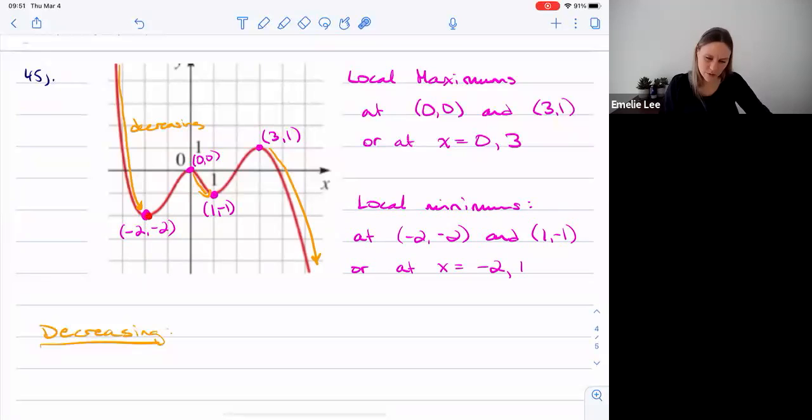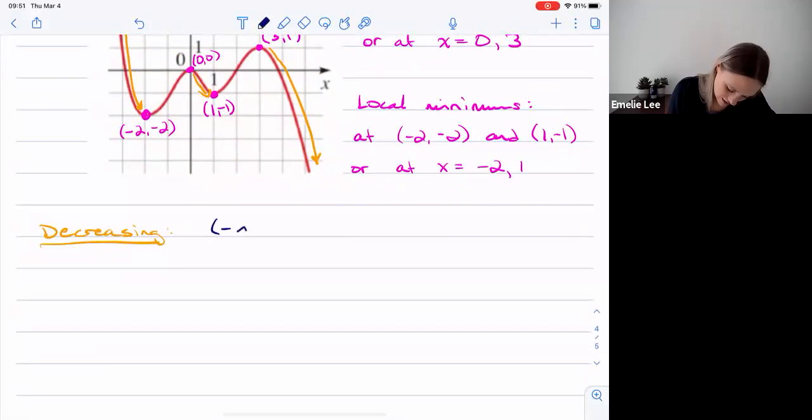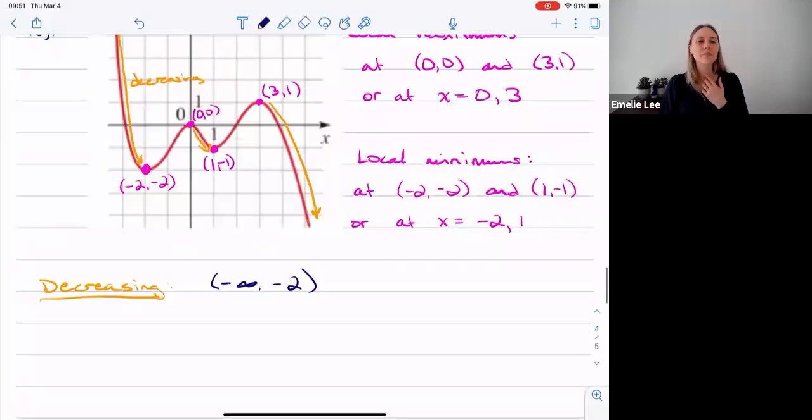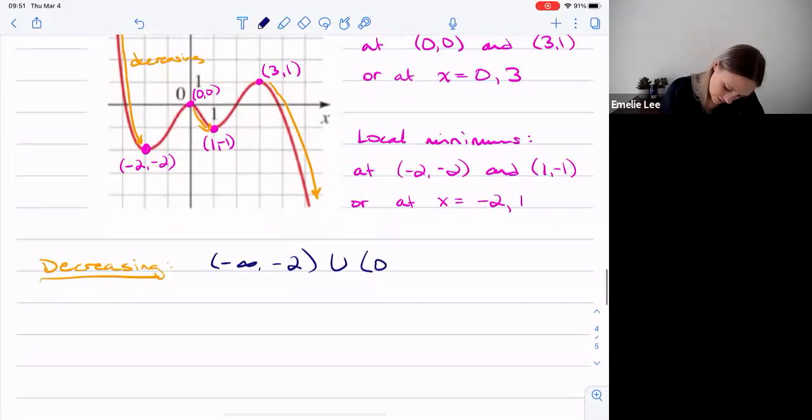I would say it's not doing anything because it's actually got a 0 slope at this minimum. So I'm going to say it's from negative infinity, and I want you to do the same. Negative infinity up until -2, not including -2. And then it's decreasing again from 0 to x equals 1, union 0 to 1. And then it's decreasing again from x equals 3 up till positive infinity.